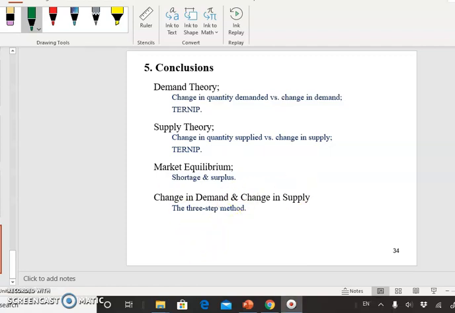One more thing I want to mention is, this chapter looks complicated. The graphs look messy, but once you get enough practice, I hope everybody will feel comfortable doing this. The only way you can master this supply and demand analysis is to get more and more practice.